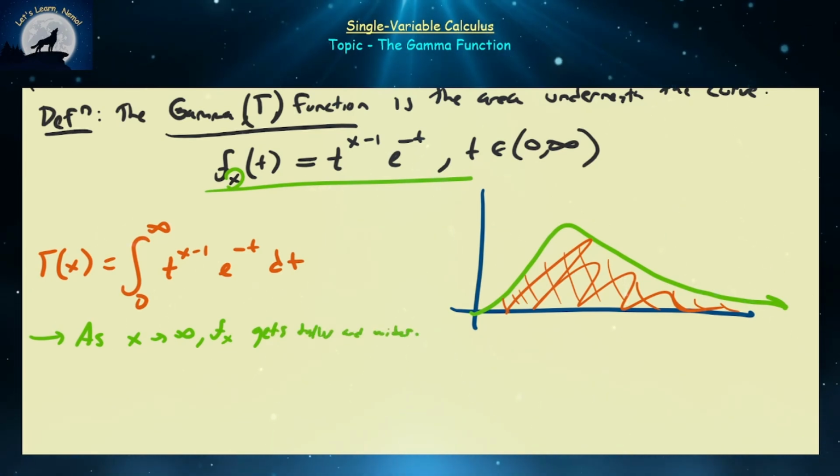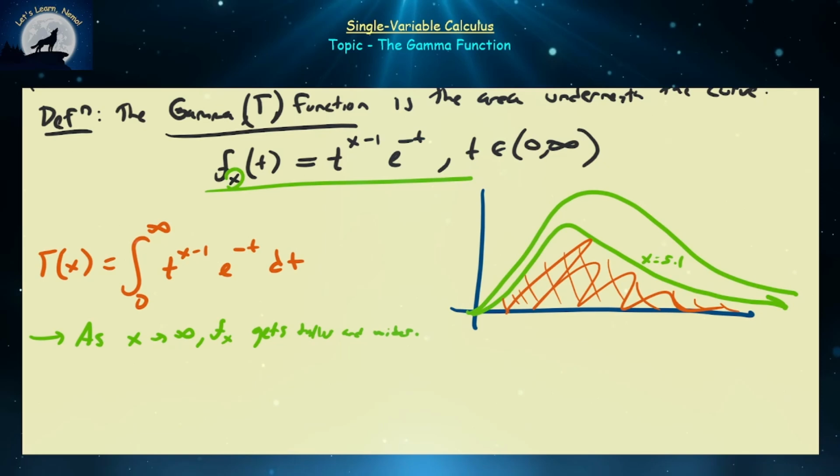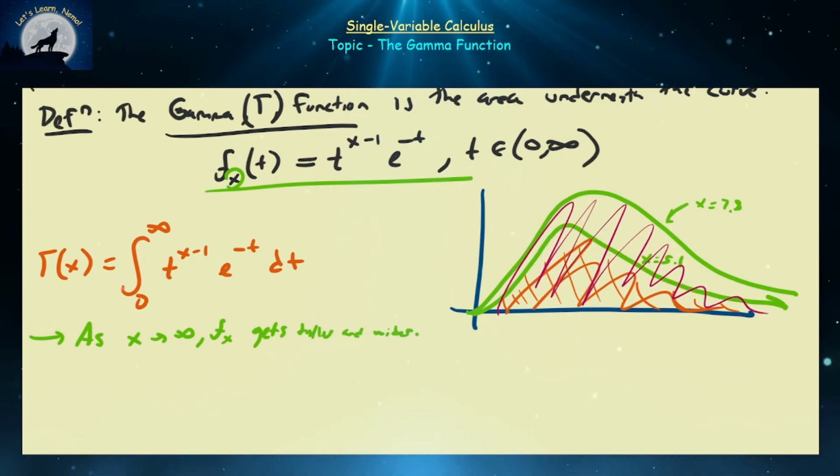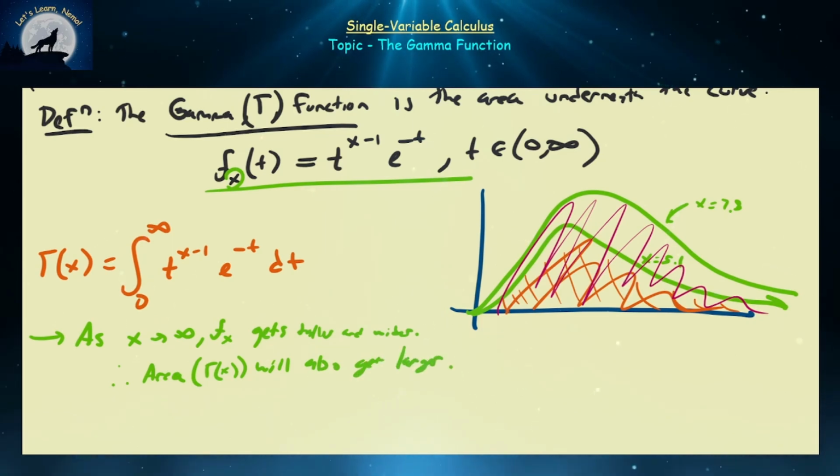For example, this green curve could be x equal to 5.1, but if I were to choose a different x value such as this one, say x equal to 7.8 or something like that, the area underneath that curve will obviously grow as well, right? So therefore, as x goes to infinity, the area, which is another way of saying gamma of x, will also get larger. And then I could ask, well, how fast does it grow?